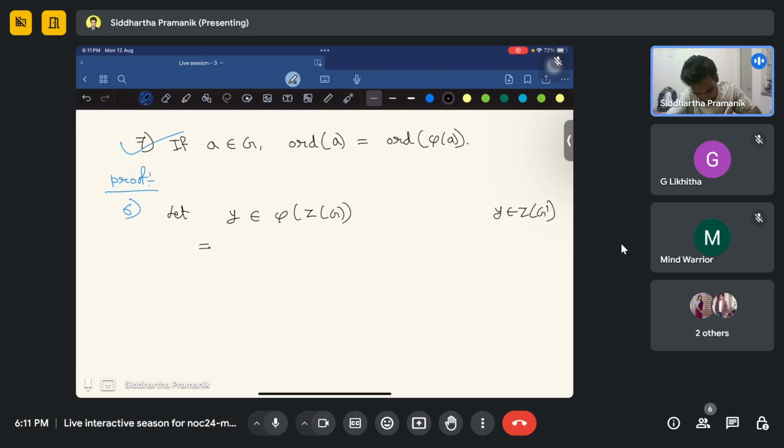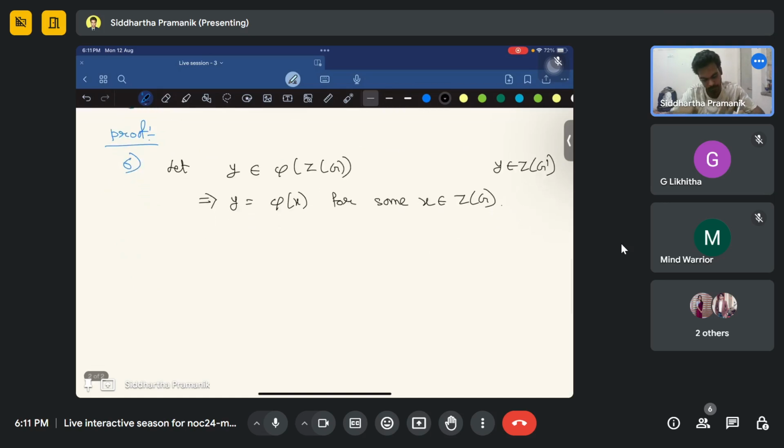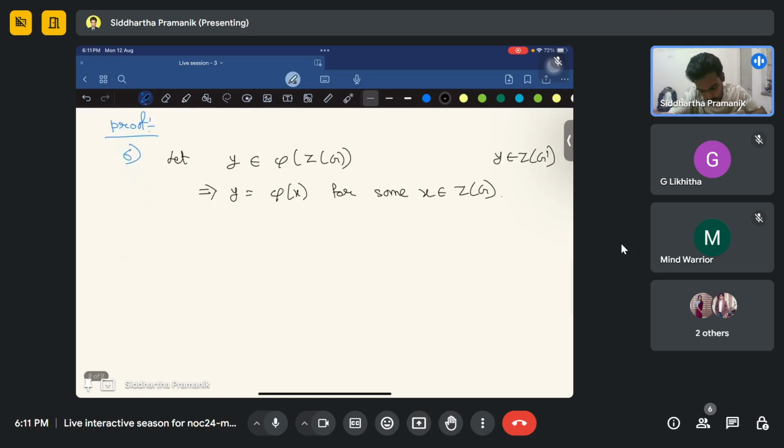So this implies y equals phi of x for some x belongs to Z(G). This is by definition. So we need to prove y belongs to the center of G prime. That means y commutes with every element of G prime.